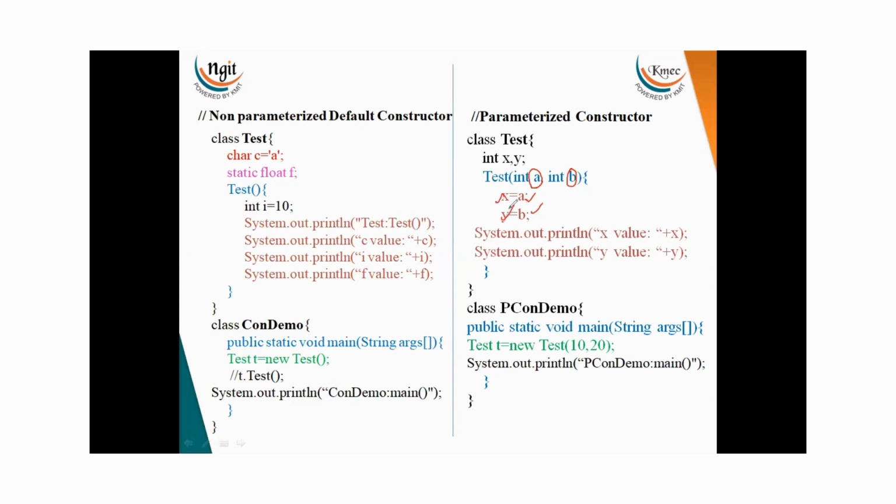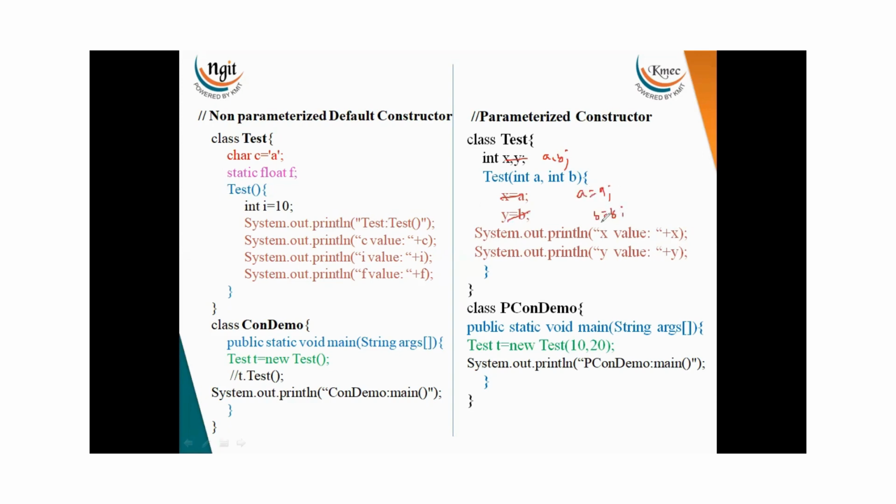Here the instance variables and the parameters of the constructor are different. That's why we are not using the this keyword. For example, if the instance variables and the parameterized constructor variables are the same, let's assume here also you have a and b, then you will write a equal to a and b equal to b.